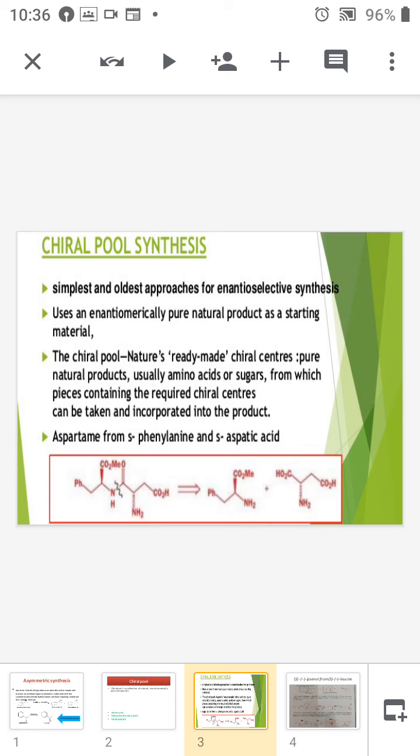Retrosynthetic analysis is a reverse process of the actual chemical reaction. We cut the targeted molecule and get the starting materials. We will discuss retrosynthetic analysis a little later. At present, doing the retrosynthetic analysis of the targeted compound, we get two products, and these are similar to natural products or amino acids available in the chiral pool.